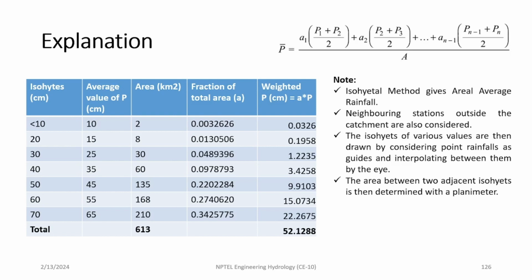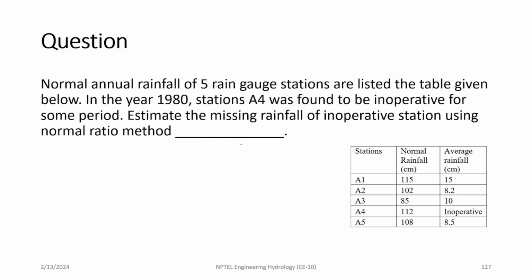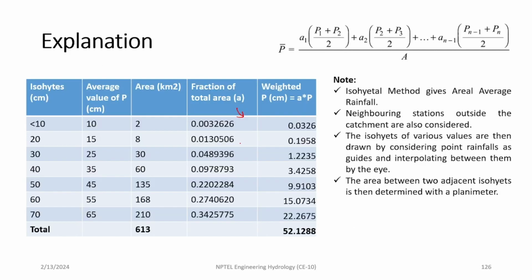Okay, good. Then we multiply it by P. P is 10 over here, so it's 0.0326, correct. For getting this value, what you are doing is taking a ratio of Ai, like A1 upon capital A, right?